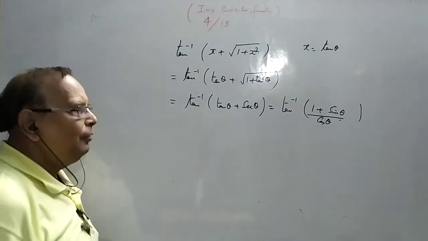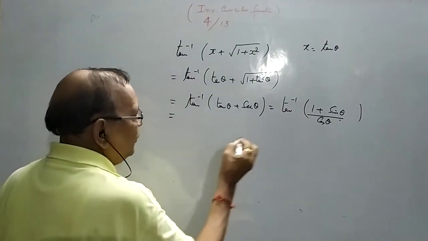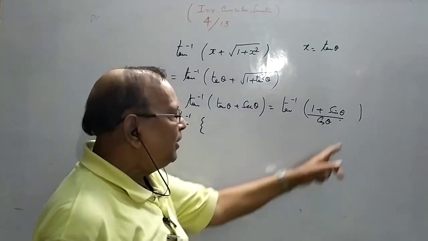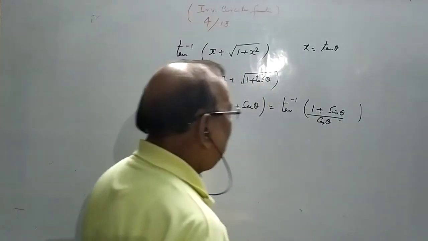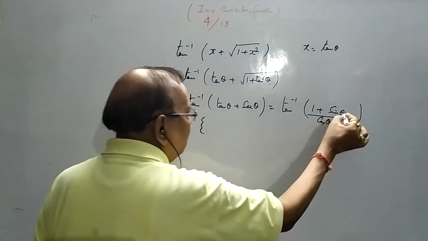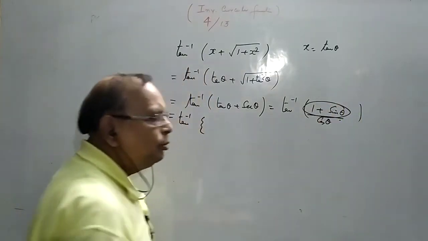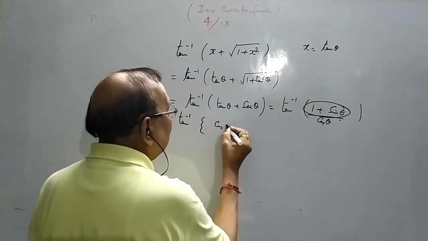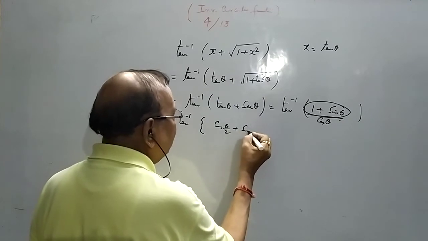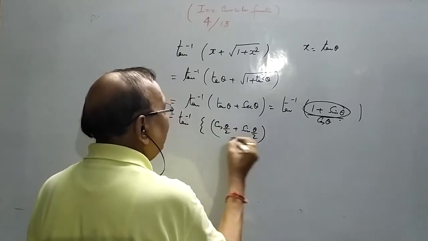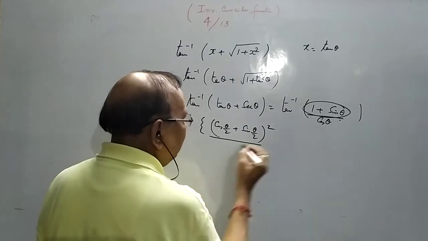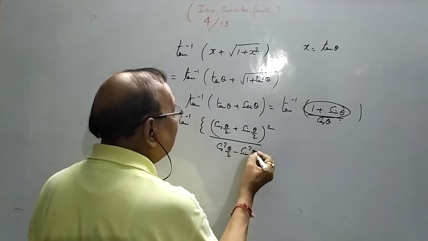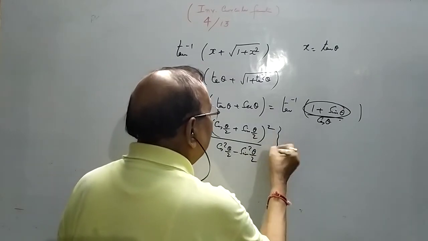There are two ways to solve it. The first method is to convert into tan form. How would we do it? Convert this using the half angle formula. We are getting cos theta by 2 plus sin theta by 2 whole square, over cos square theta by 2 minus sin square theta by 2.